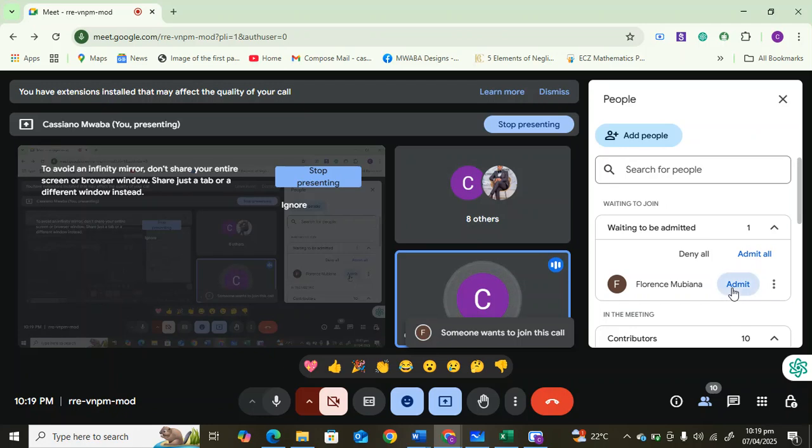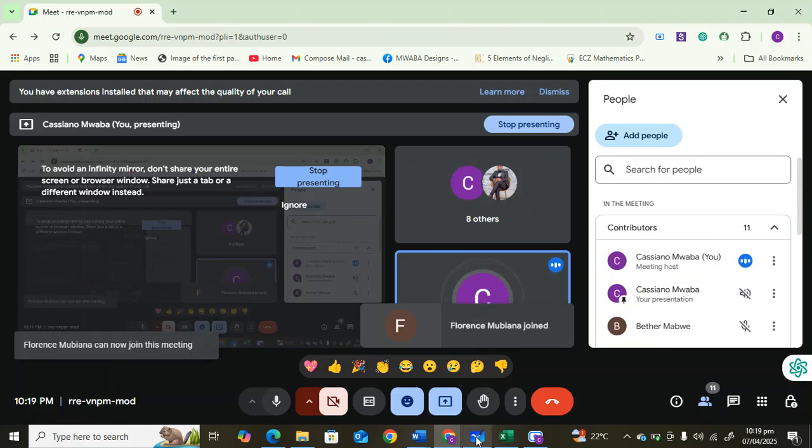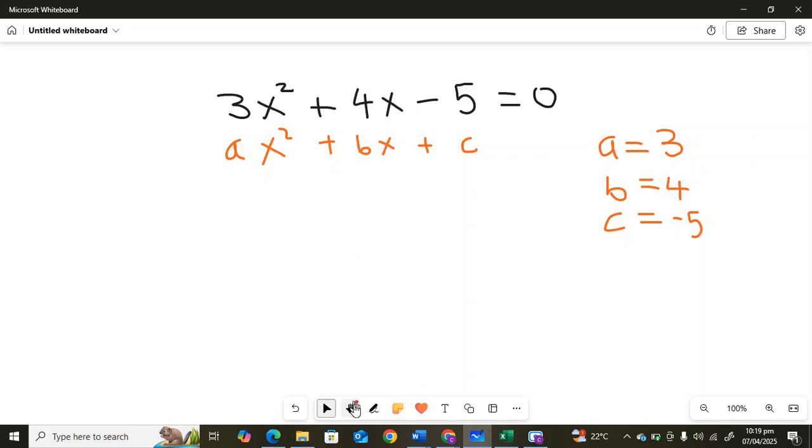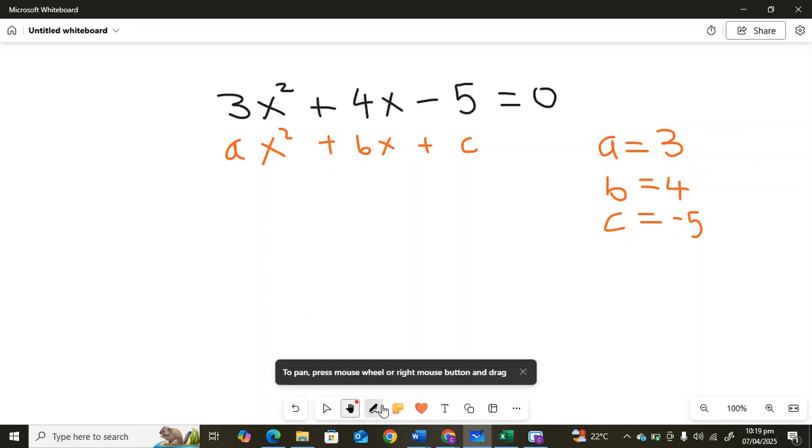The next thing that we need to do is get our sum of the roots. Remember, the sum of the roots, alpha plus beta, equals negative b over a.